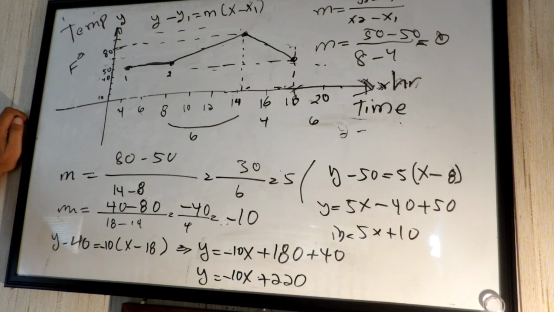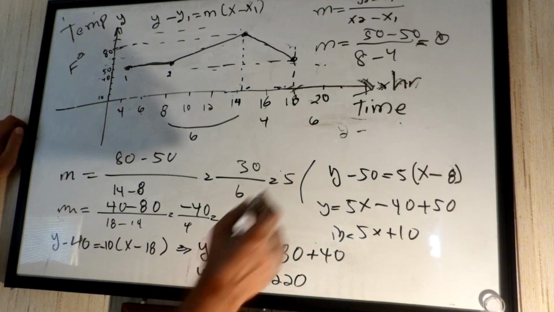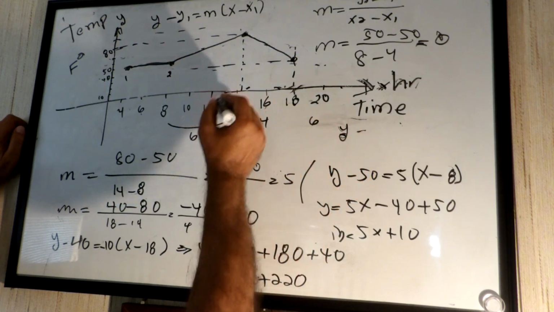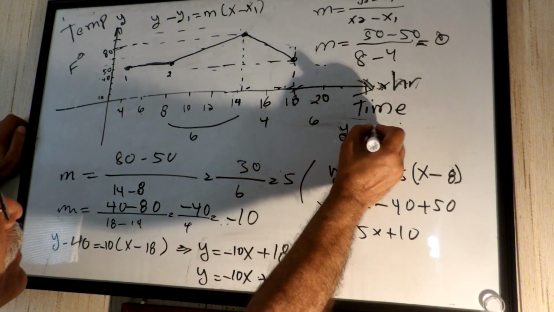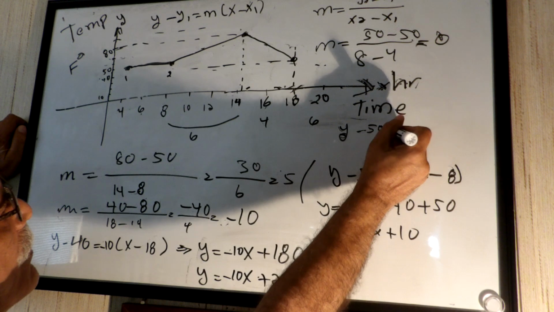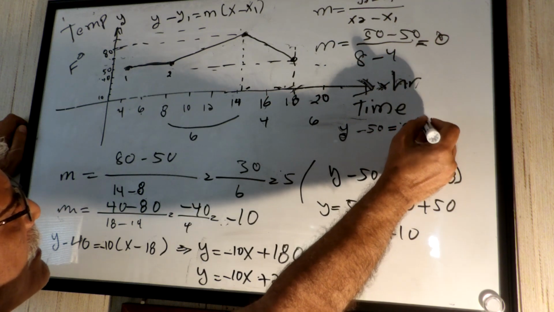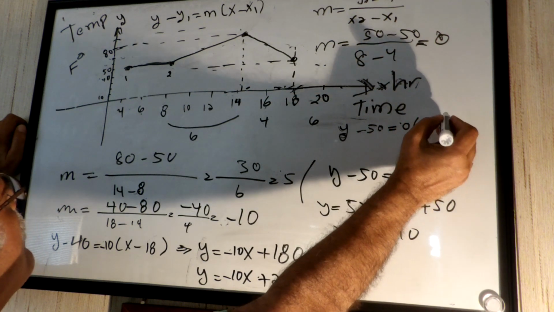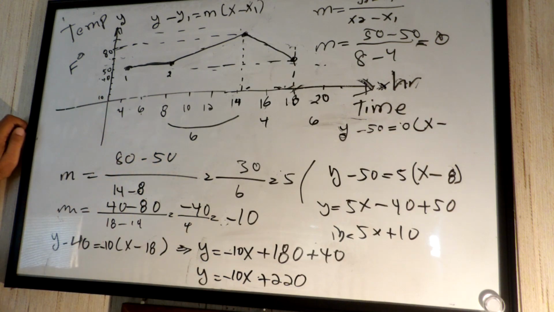So y minus 50 is equal to 0 times (x minus, what is that?).